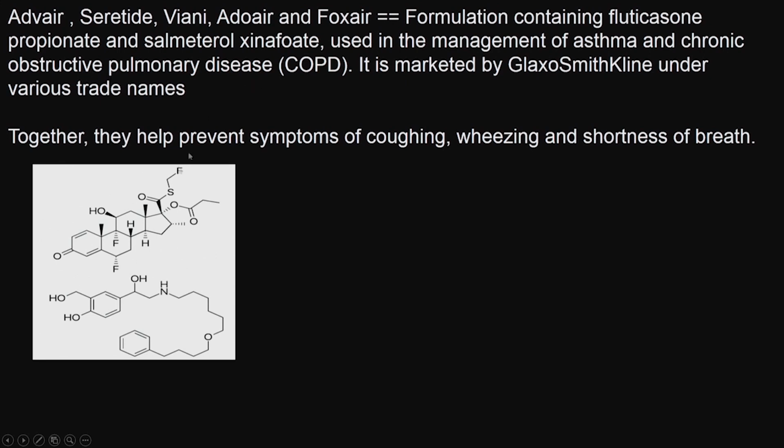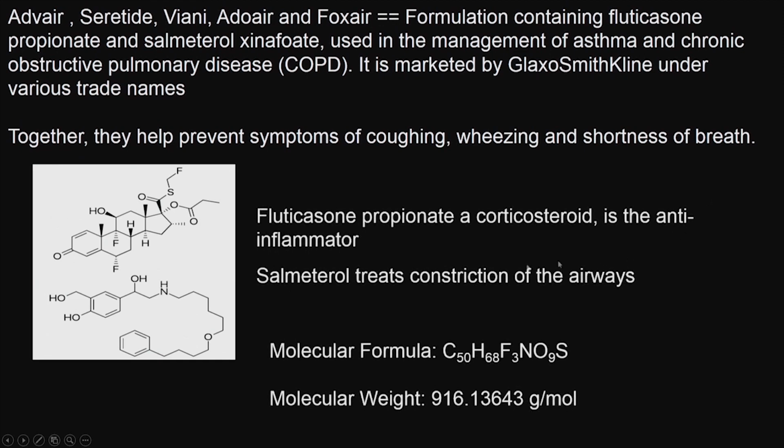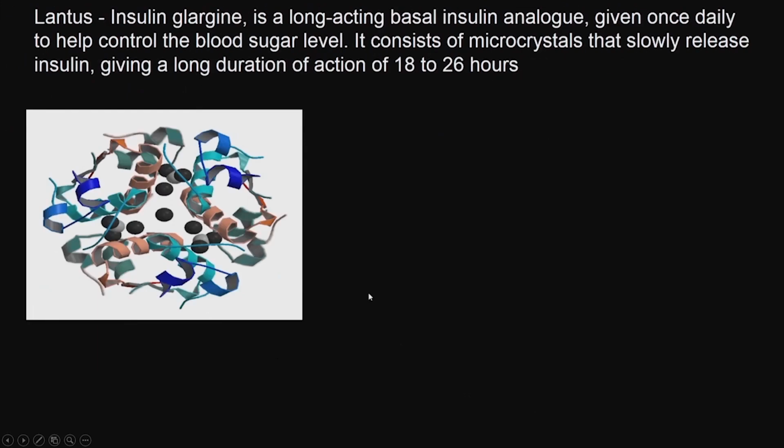It contains an anti-inflammatory and a drug which will dilate the airways, helping prevent symptoms of coughing, wheezing, shortness of breath and so on. Obviously it has a low molecular weight, 916 grams per mole. It addresses constriction of the airways and inflammation.